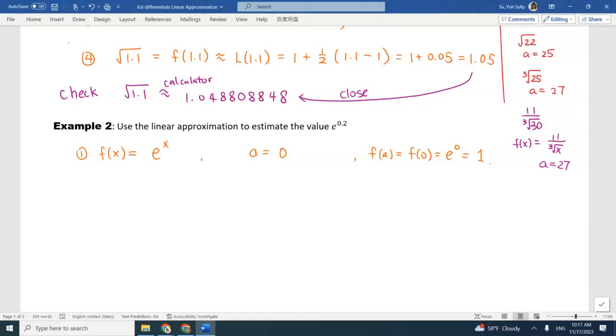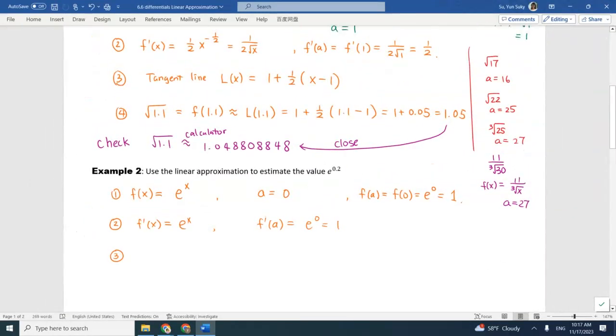Okay. And then the second step, what do we do? Derivative. What's the derivative of e to the x? e to the x. Yes. So when we plug in the a, because it's the same thing, it's still e to the 0, right, everybody? We still have 1. Okay. The third step, what do we do?